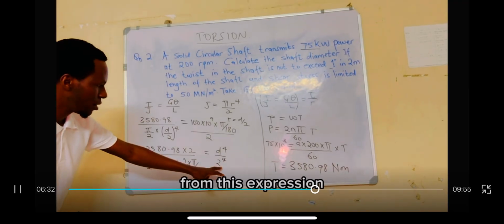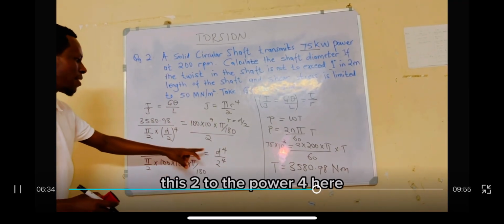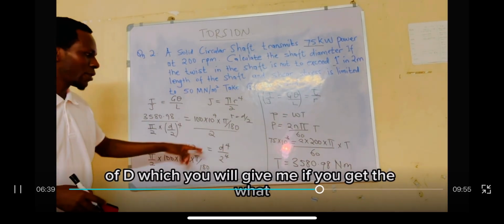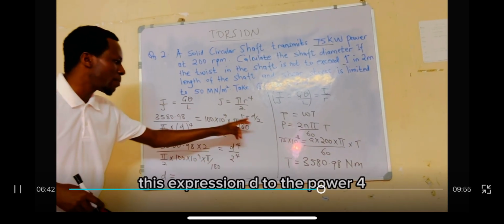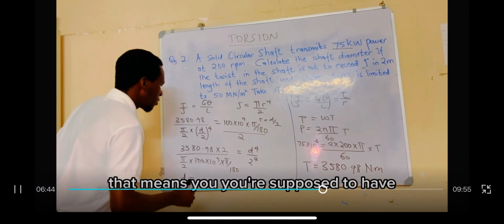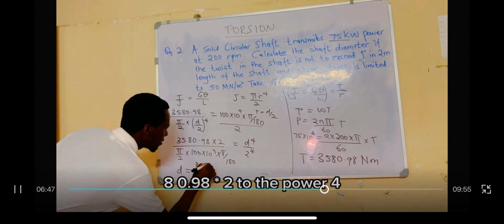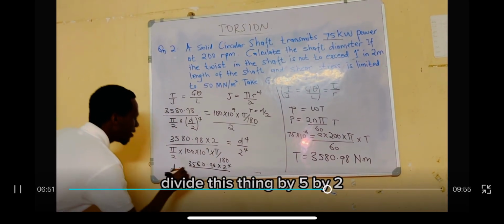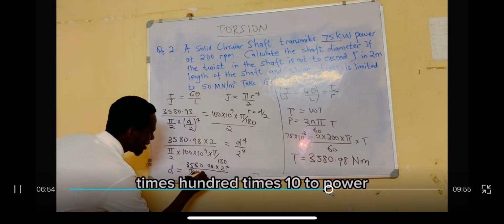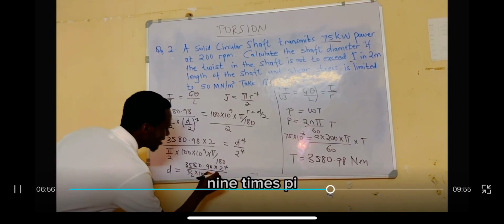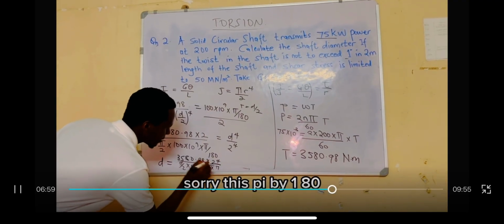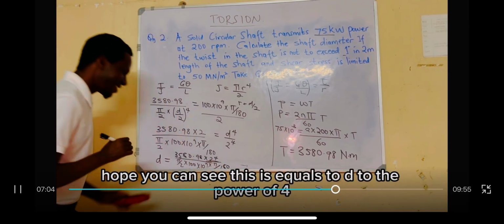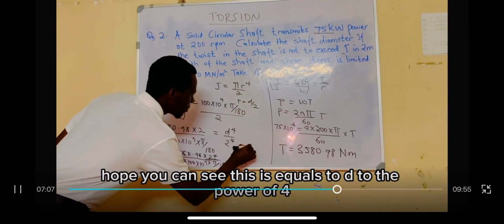From this expression, I will take this 2 to the power 4 again to get the value of d. For d to the power 4, you are supposed to have 3580.98 times 2 to the power 4, divided by pi by 2 times 100 times 10 to the power 9 times pi by 180. Hope you can see this is equal to d to the power 4.